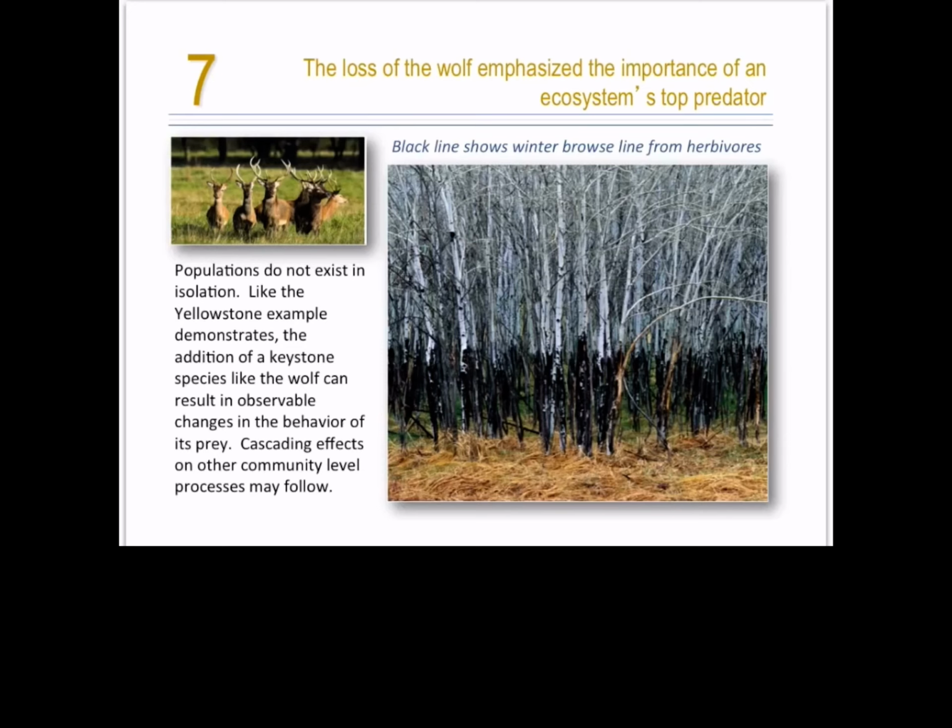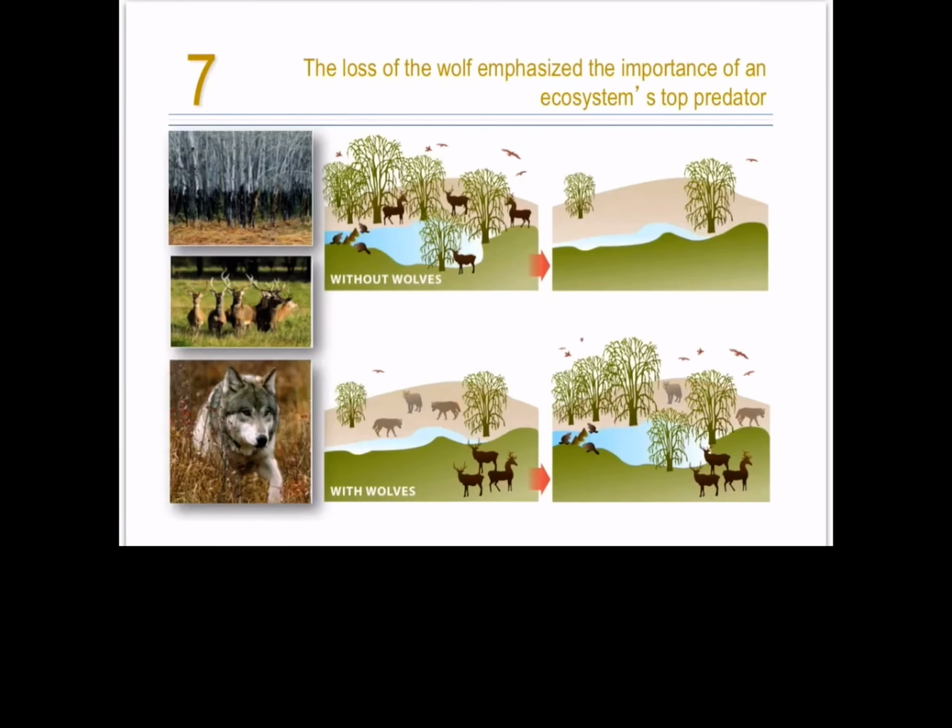So as a result, when you don't have wolves in the ecosystem of Yellowstone, the trees are going to have problems, the songbirds are going to experience problems, the elk are going to be able to flourish, but other organisms such as these beavers are not going to be able to flourish. And that's what was observed in the park when the wolves were eradicated from the park in the late 1800s, early 1900s. When the wolves were not in the park, the beavers began to thrive and build dams, creating ponds and lakes.